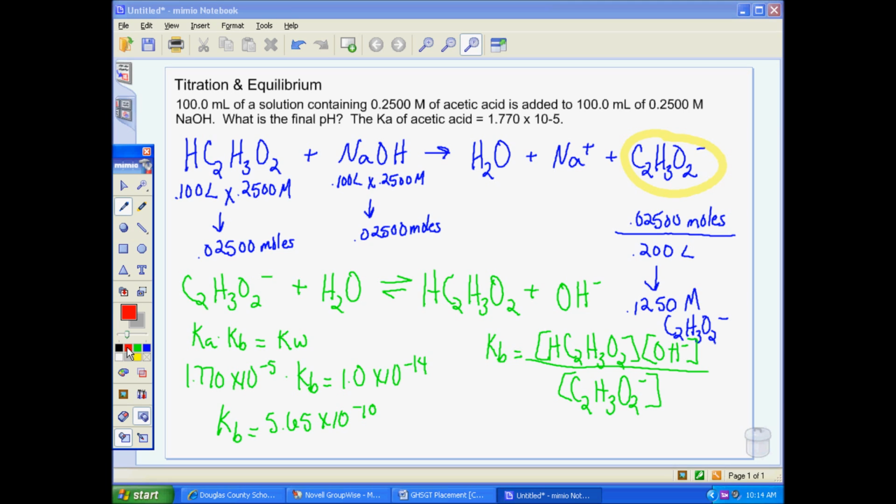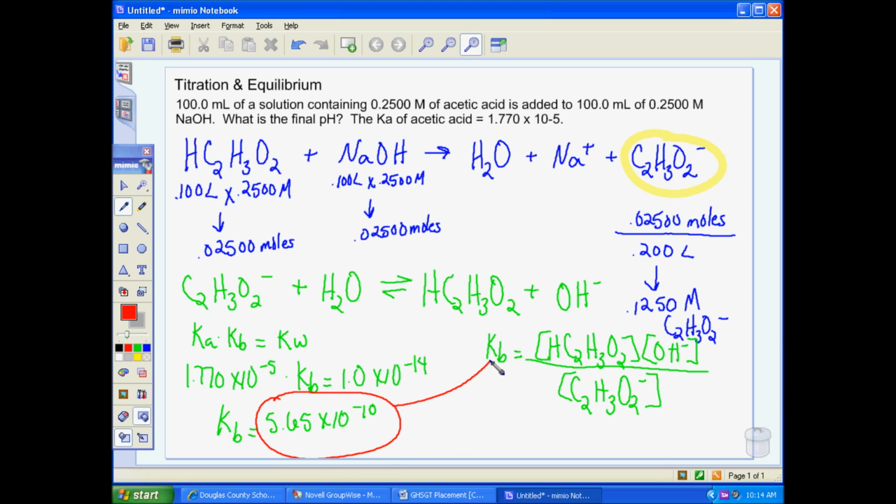We have the Kb, so this value is going to go right there. We have the concentration of acetate ion from the prior problem solving step. It's going to go down here.